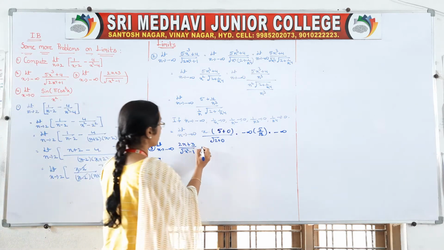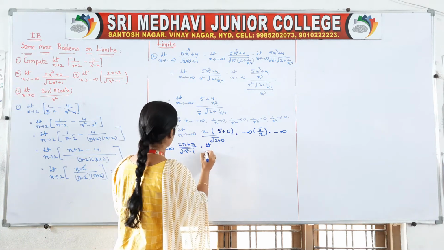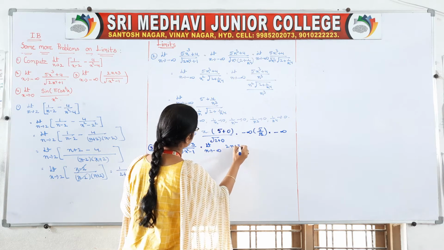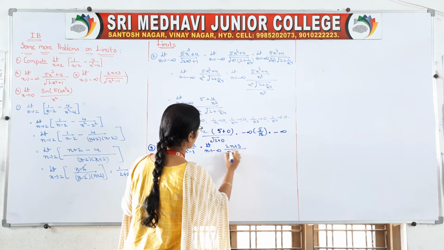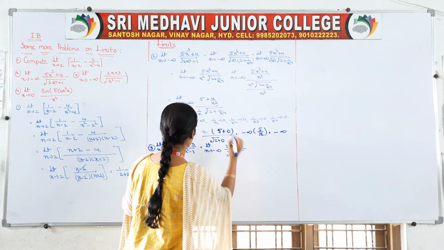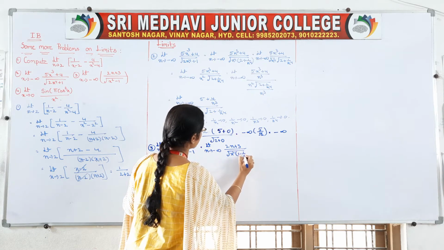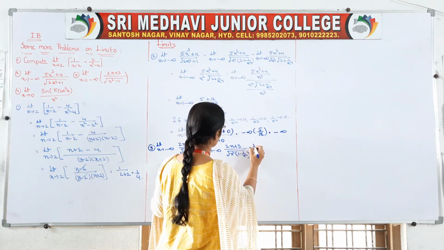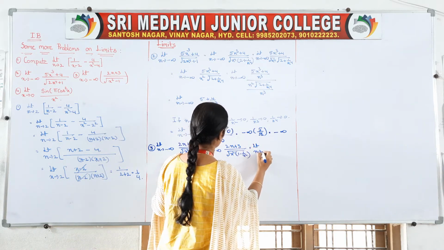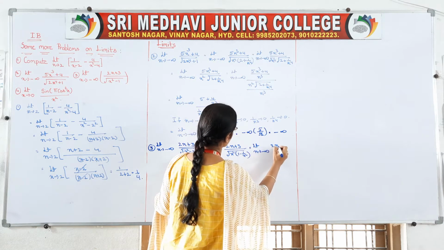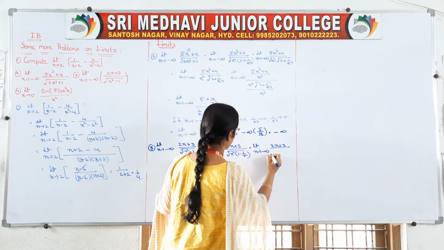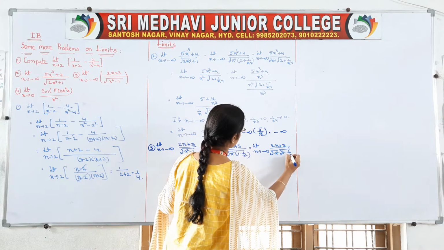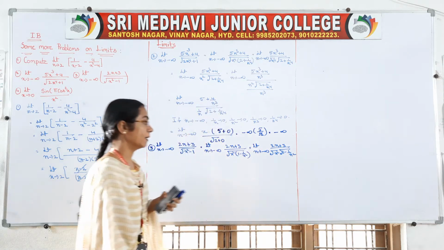So how will we write this one? Limit x tends to minus infinity, 2x plus 3 by root of, take x square outside, 1 minus 1 by x square. Then you write root separately for both the terms, right? 2x plus 3 by root x square into root of 1 minus 1 by x square.